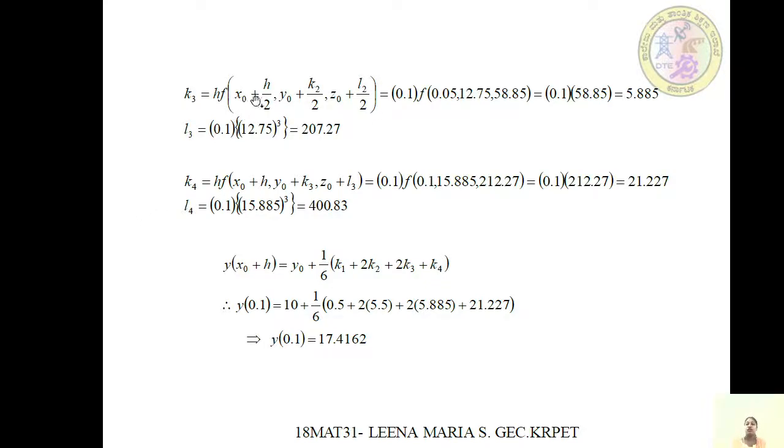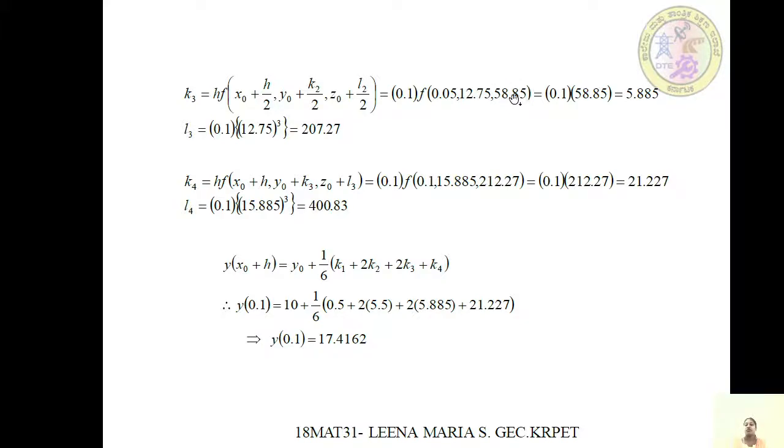Similarly, we can find K3. K3 is equal to h f of x naught plus h by 2, comma y naught plus K2 by 2, comma z naught plus L2 by 2, where h is 0.1. Simplifying these terms, x naught plus h by 2, I'll get 0.05, comma y naught plus K2 by 2 is 12.75, z naught plus L2 by 2 is 58.85. Again it is a function of f, so I have to consider only the z term here.